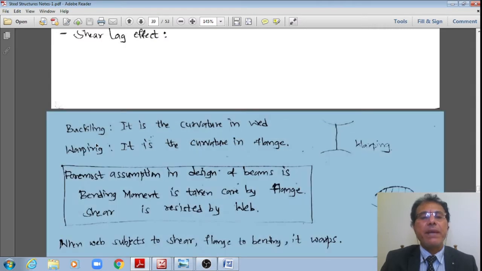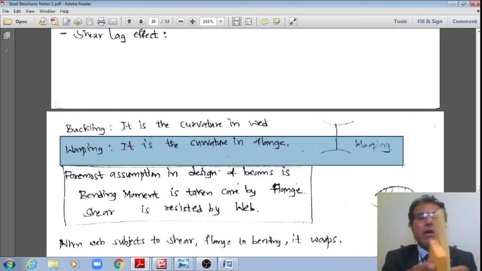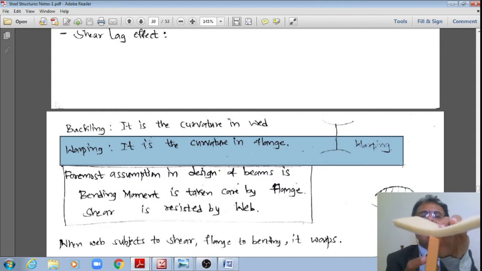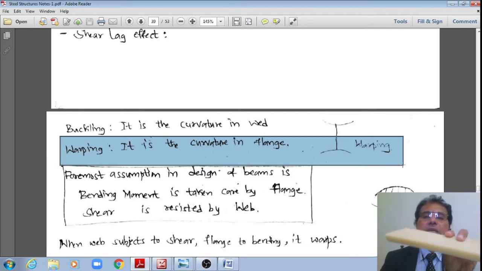However, what is warping? Now, what does warping mean? Due to torsion, the flanges, because this is under torsion, will be subjected to deformations like this, which is referred to as the warping of the compression flange or of the tension flange.